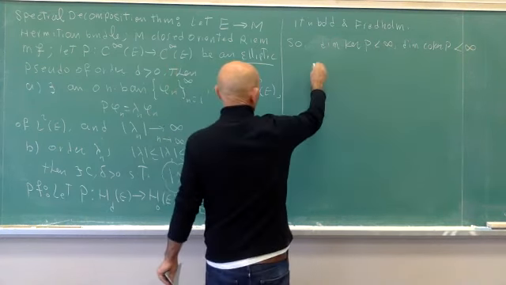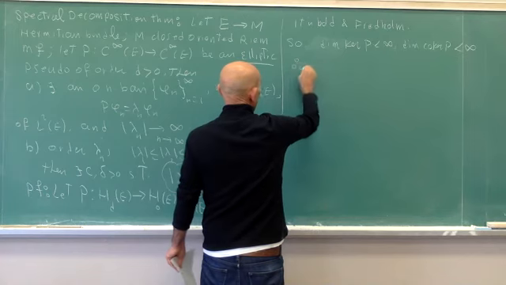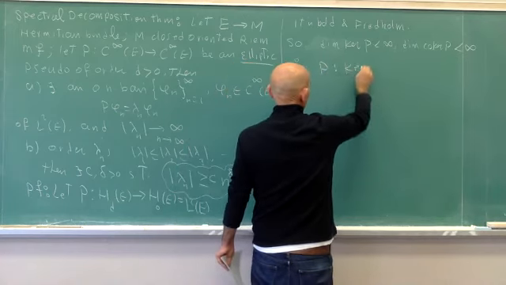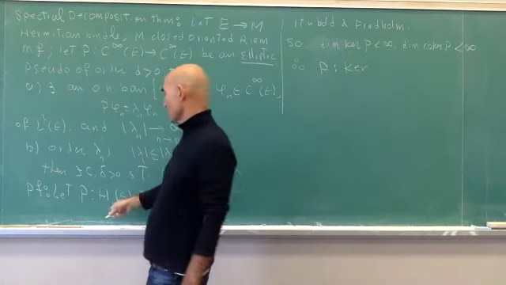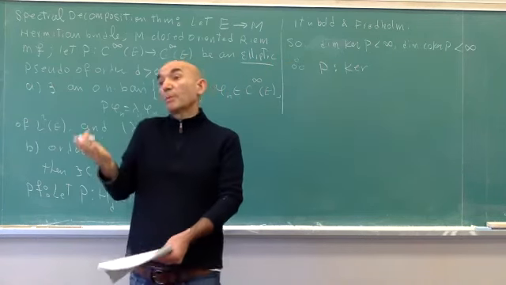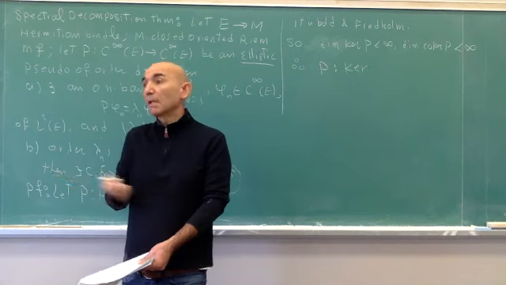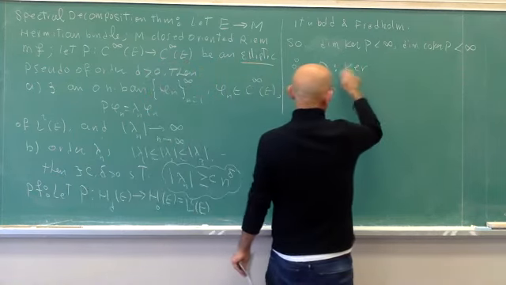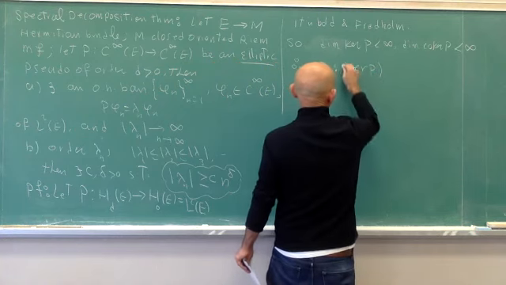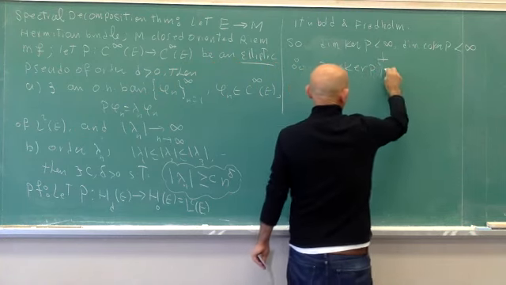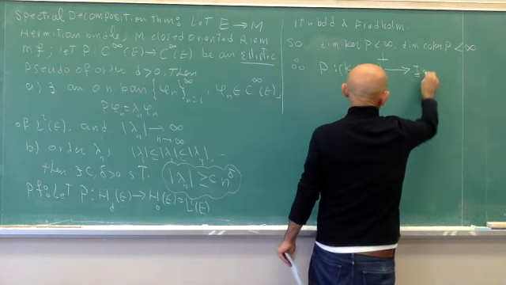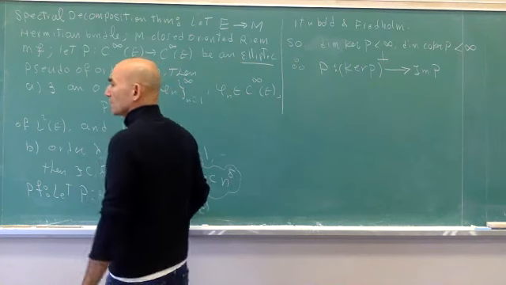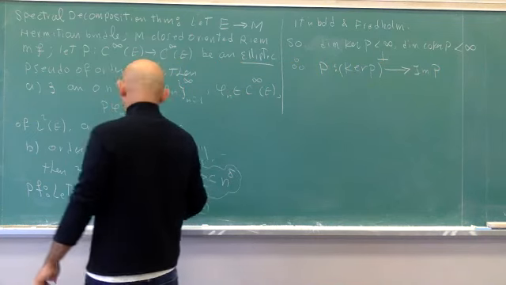So it follows that if you restrict P to the orthogonal complement of the kernel, then it's injective there. So let's take the orthogonal complement of the kernel of P, and it goes to the image of P, which we know is closed in L2 of E because P is a Fredholm operator.